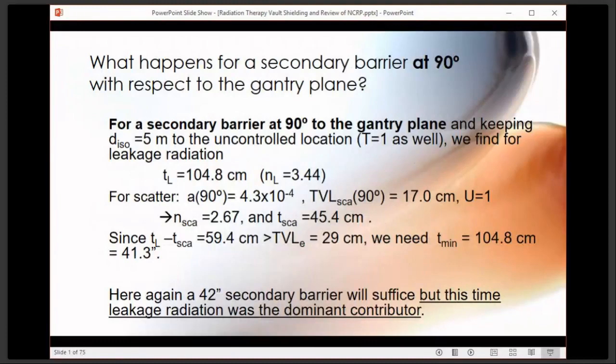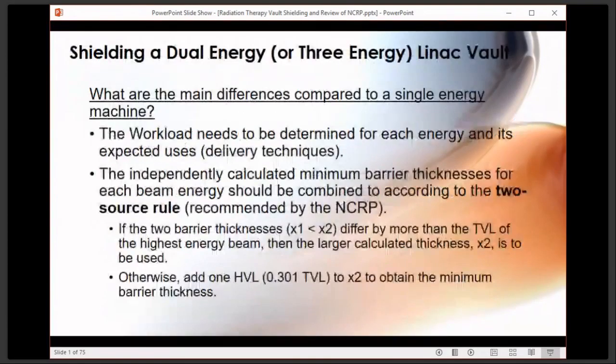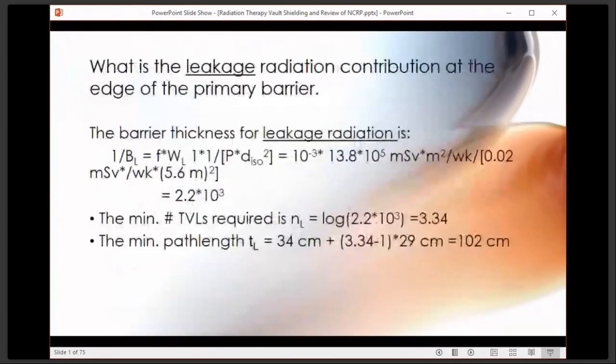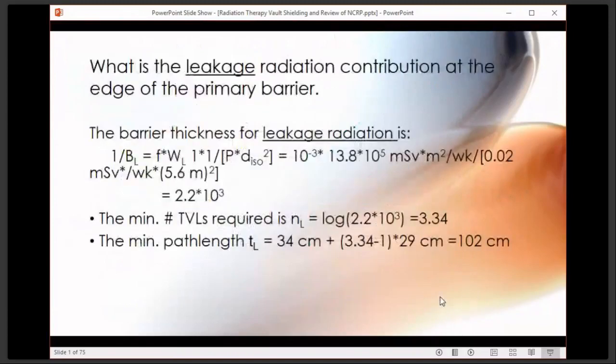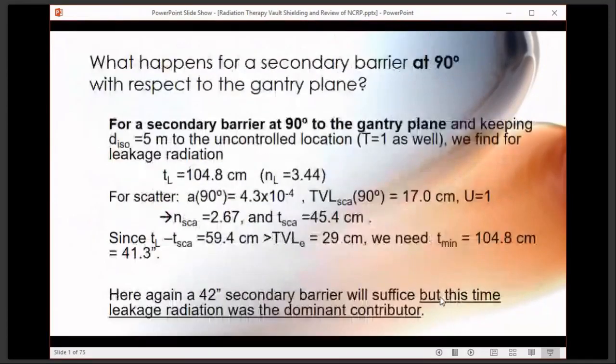What happens if the secondary barrier point that we're looking at is at an angle of 90 degrees? It's on a different barrier at right angles to the one we just got through talking about. This barrier is up here at 90 degrees, or on the bottom side. So what happens at 90 degrees?